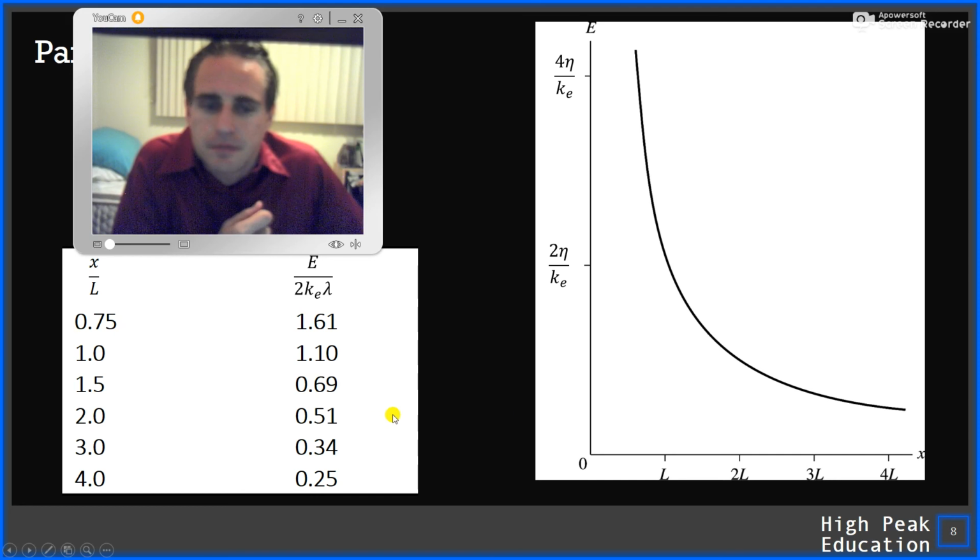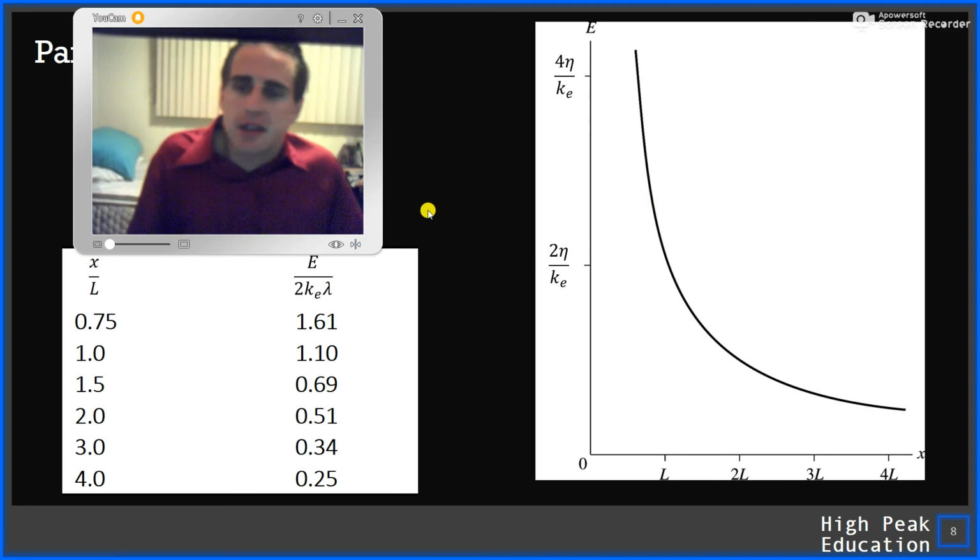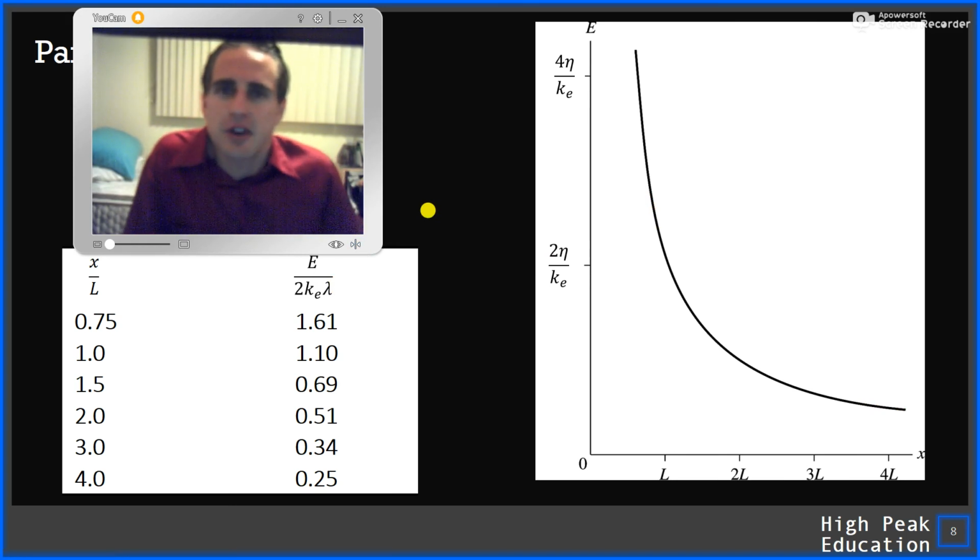So you'd expect that if we're 4 times the distance away that we were at L, we would be at 1/4 of what we are at up here. Hopefully that makes sense. That kind of solves the problem.